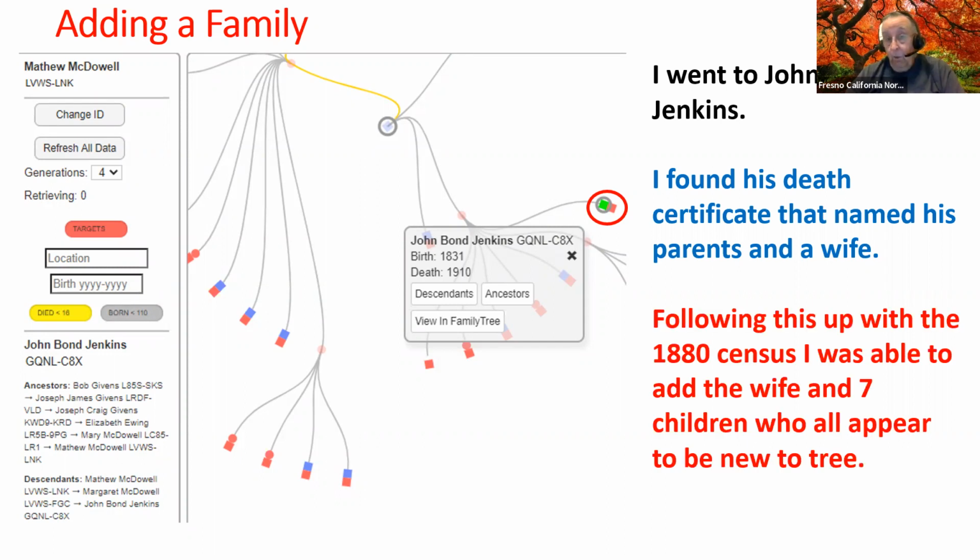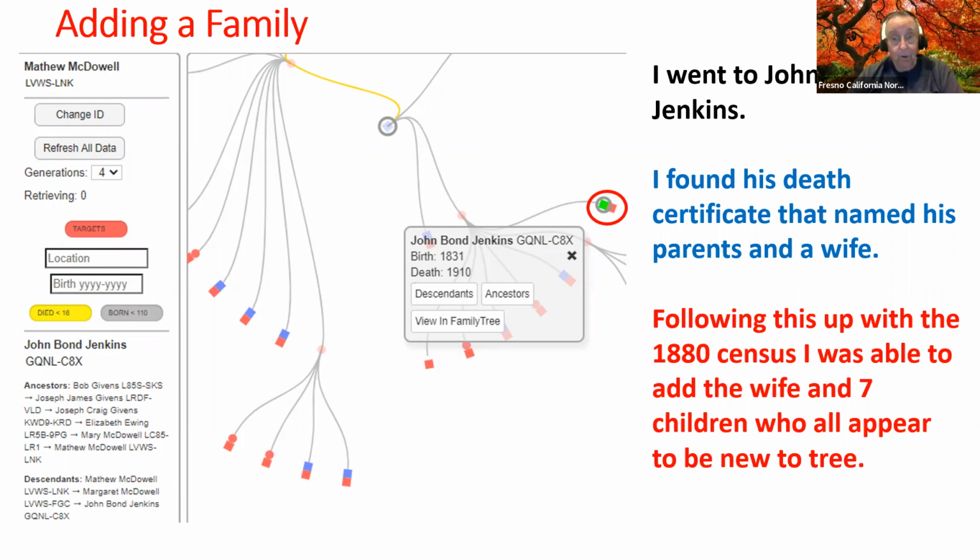So I looked at that one source and I found the wife there and 7 children. And when we went and added those children in and did our due diligence, trying to put some more information with them, lo and behold, they were all new to Tree.